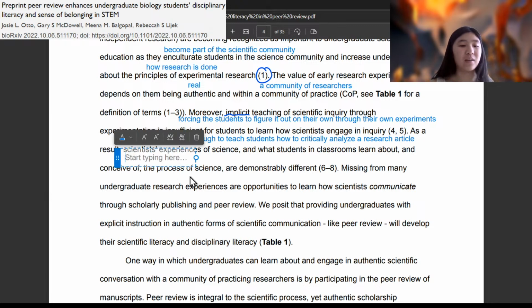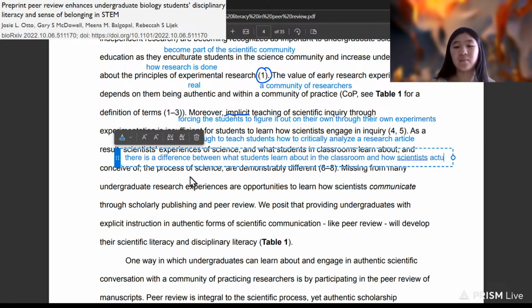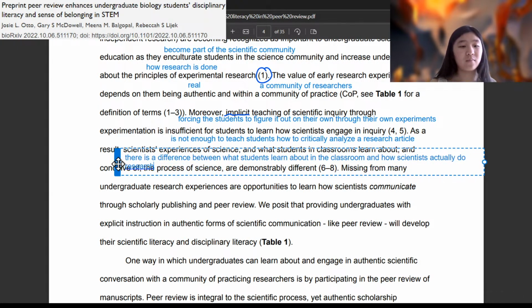So basically, there's a difference between what students learn about in the classroom and how scientists actually do research. Okay.